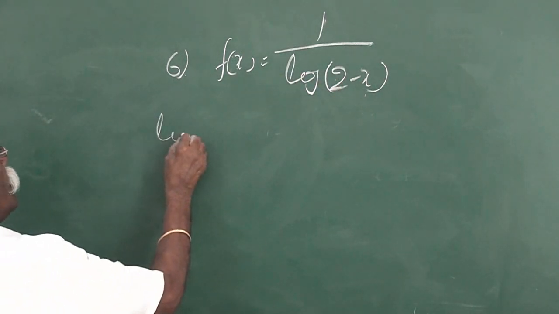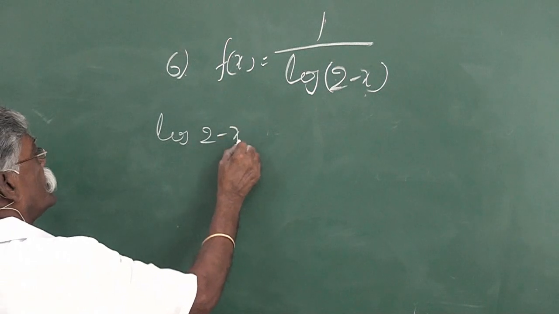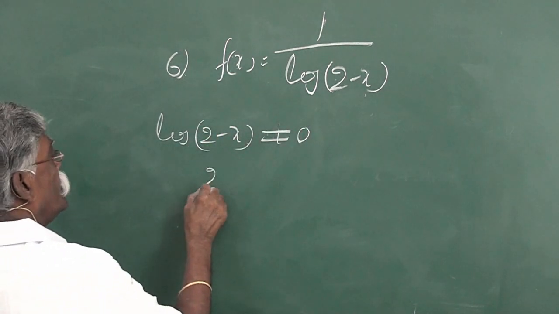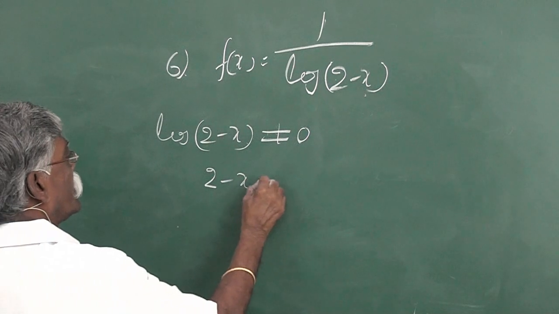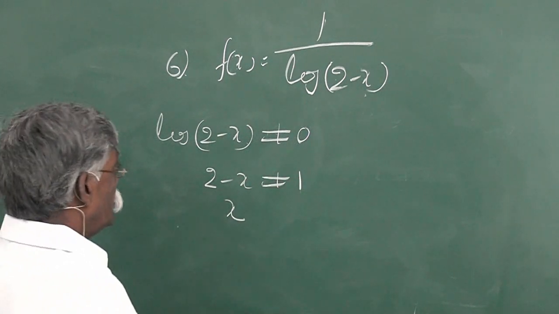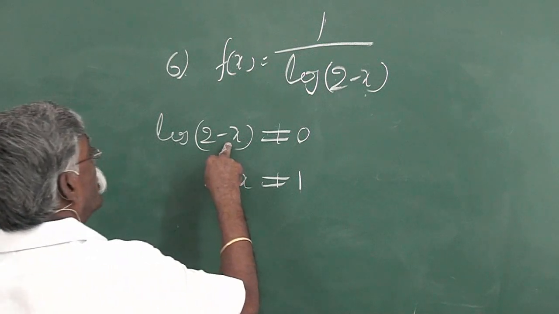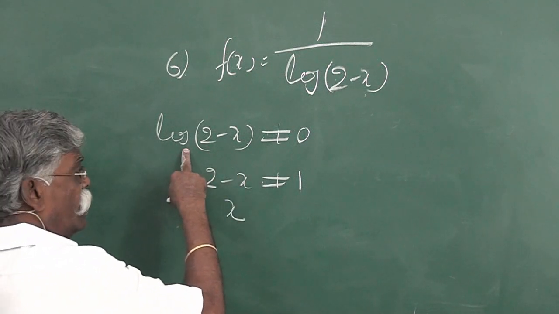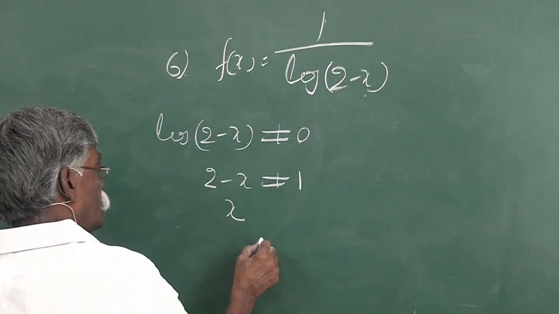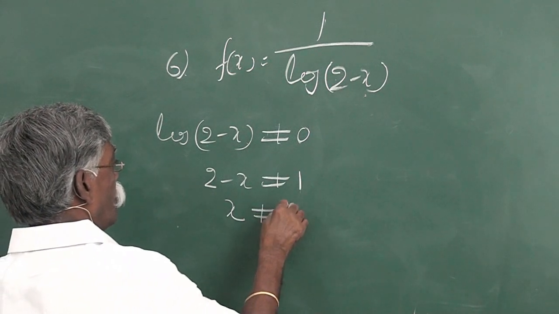So log of 2 minus x not equal to 0. This implies 2 minus x not equal to 1, because for log 2 minus x the base is e, e power 0 is 1. Therefore x is not equal to 1.